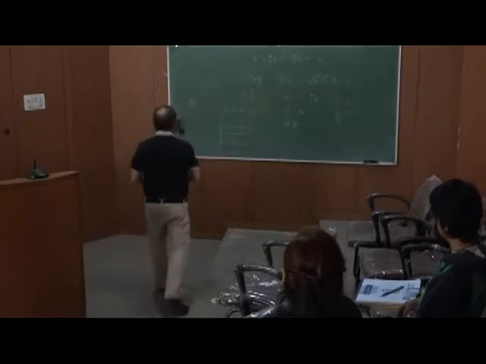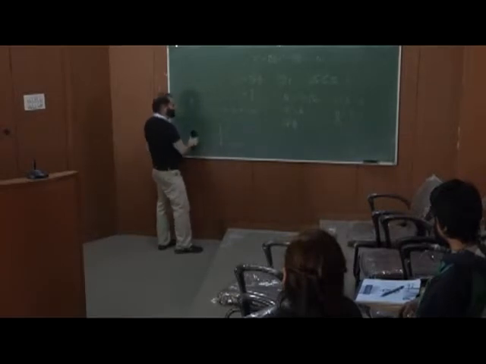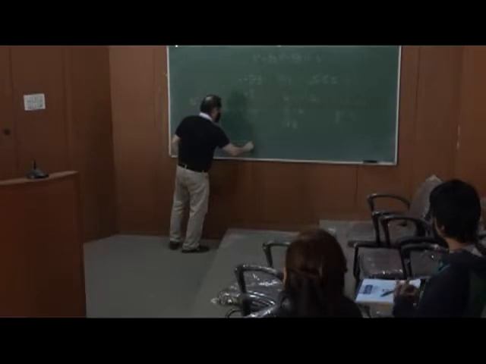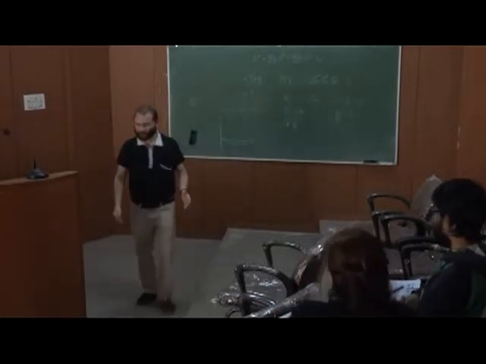Another possibility is that instead of considering t0 to be today's time, we can assume that t0 is, for example, the time of the last scattering surface. What is the last scattering surface?